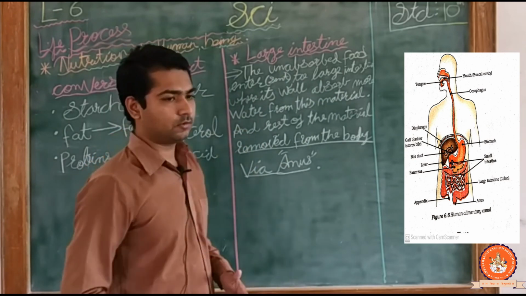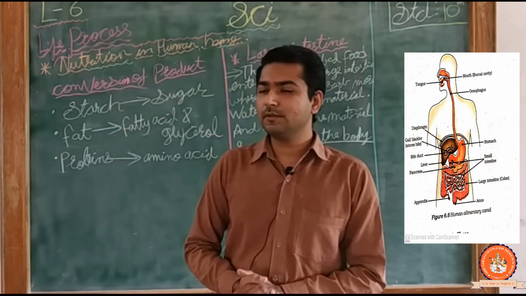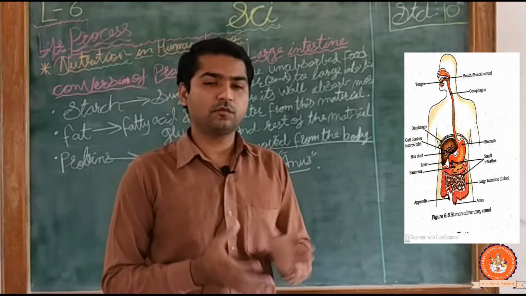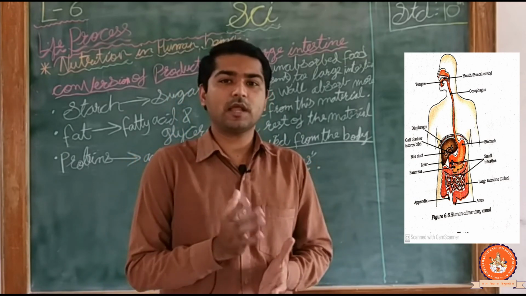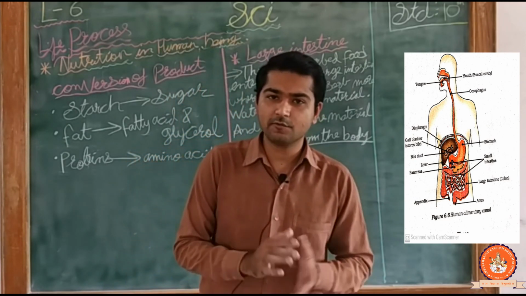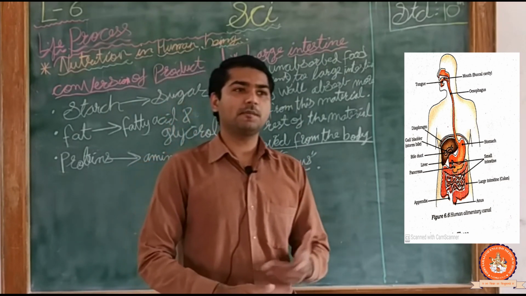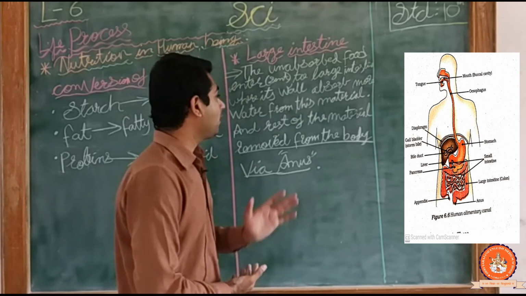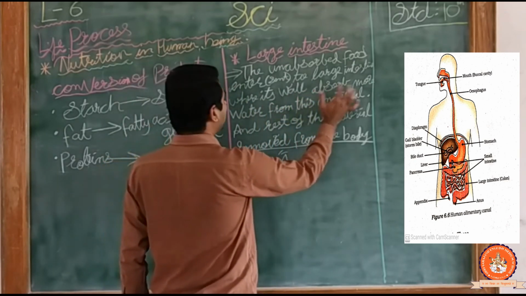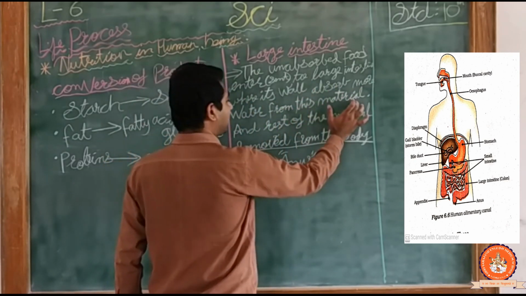Initially all the food is absorbed in the small intestine, but the food that remains unabsorbed will be sent to the large intestine, where its wall absorbs more water from this material.